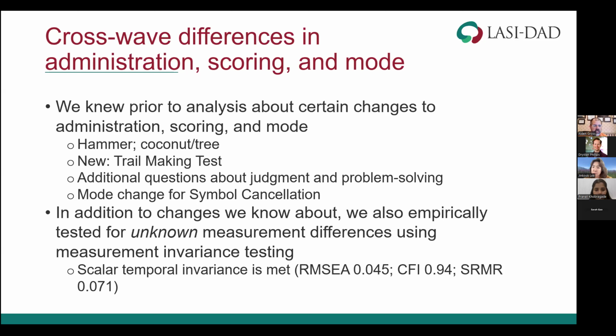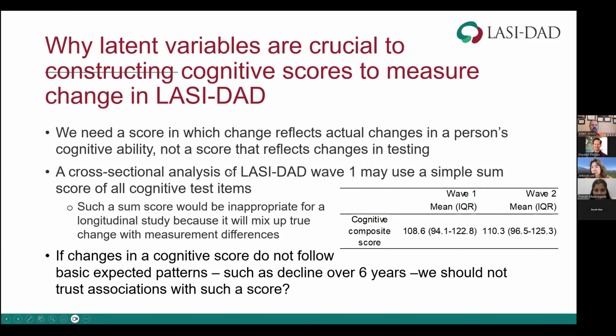In addition to changes that we know about, we did also empirically, statistically test for unknown measurement differences using measurement invariance testing. And about the highest level of temporal invariance, scalar measurement invariance was met. And I can talk to you about that in greater detail another time.